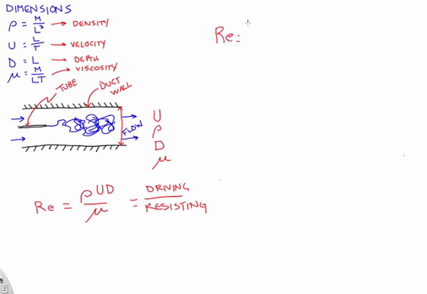dimensions of rho are mass over L cubed, right? Dimensions of velocity are L over T. The dimensions of depth, as you see over there, are L, all right?